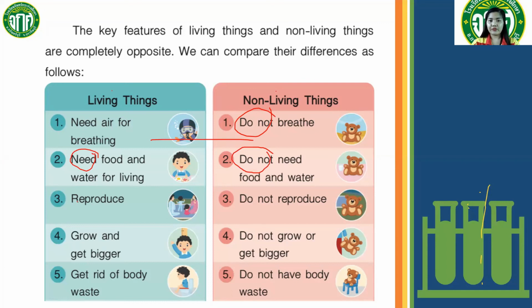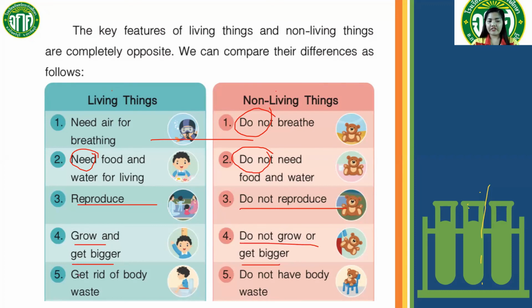Next, number three, they reproduce. Non-living things do not reproduce. Number four, they grow and get bigger, while non-living things do not grow and get bigger.